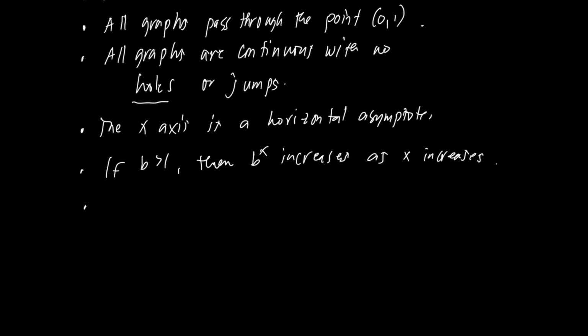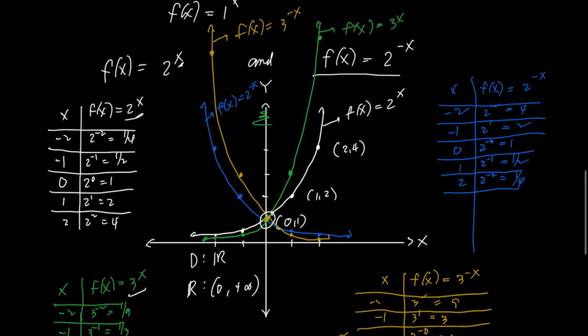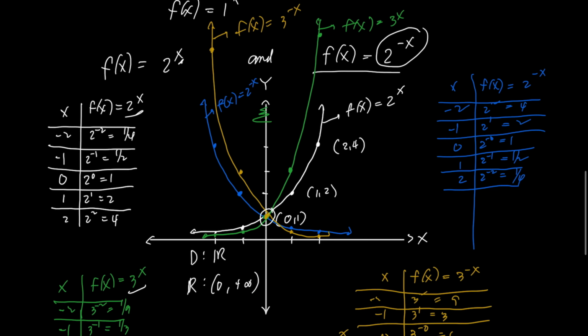Okay, next, how about if b is greater than 0 and less than 1? Example, this one. Do not be confused with the negative exponents here. It only means that 2 to the negative x is just (1/2) to the x.